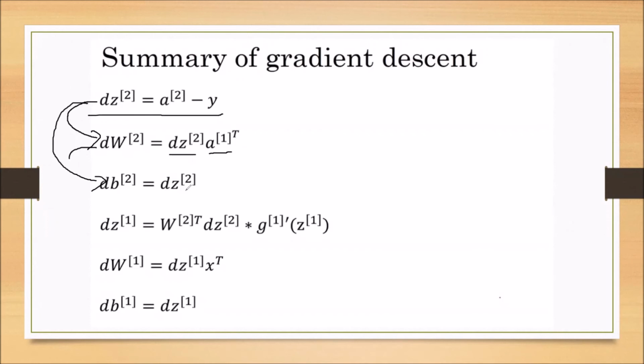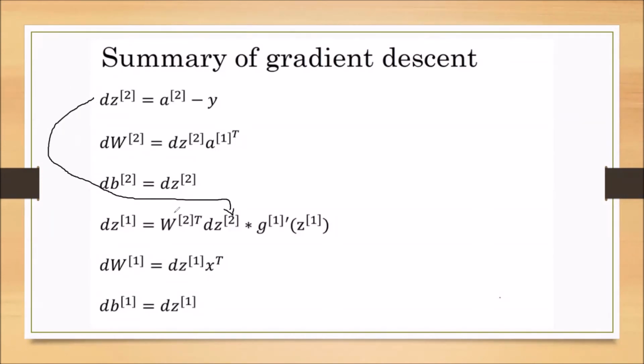This is dz, right? Now we have calculated dz1. How are we calculating dz1? By using the same dz2. The previous dz2 we are using, and we are multiplying it with W2 transpose, and we are multiplying with g1 prime, the differentiation of all activation units of the first layer. Now from this dz1, we are calculating dw1. What is this dw1?